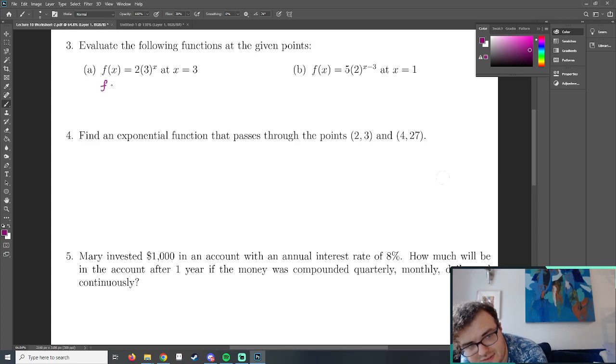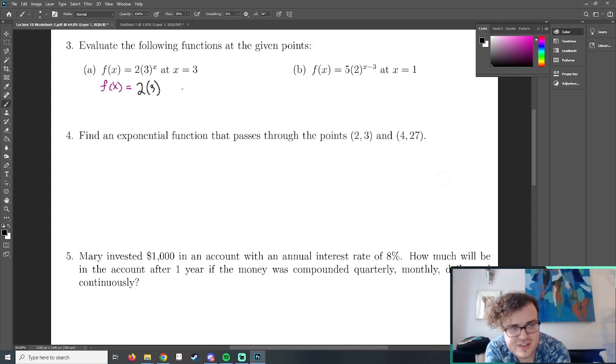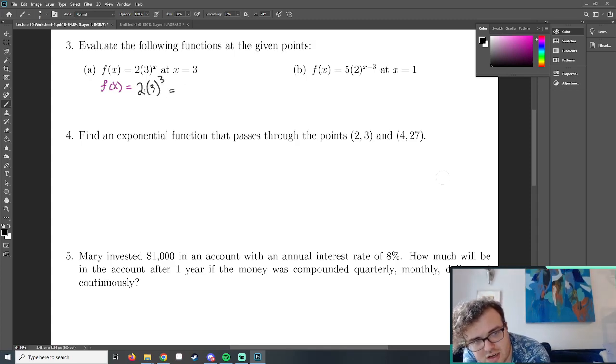So here we have f of x equals 2 times 3 to the 3 power. Usually I plug in parentheses. In this case, it's not really that important to plug in parentheses. Now, order of operations reminds us that exponents happen before multiplication, right?